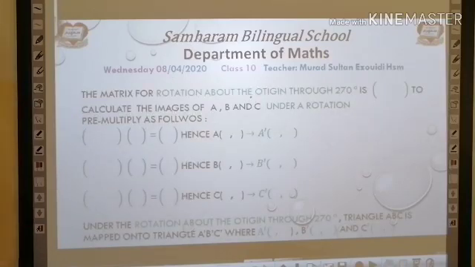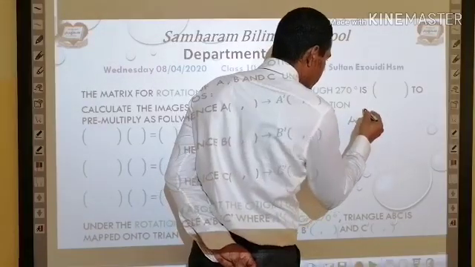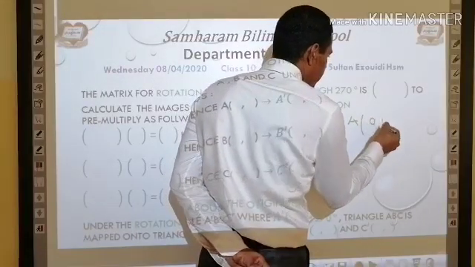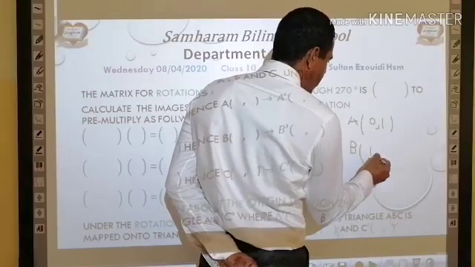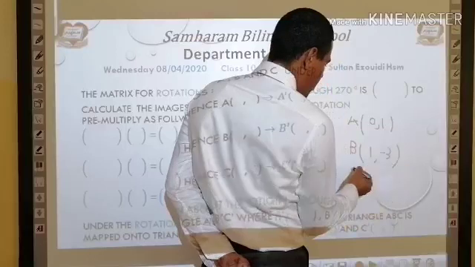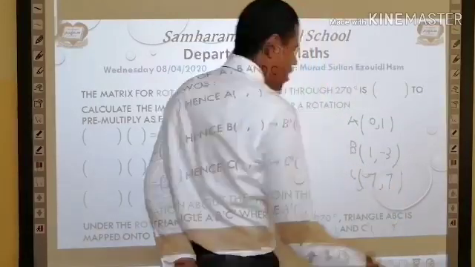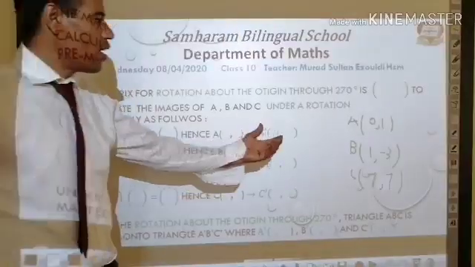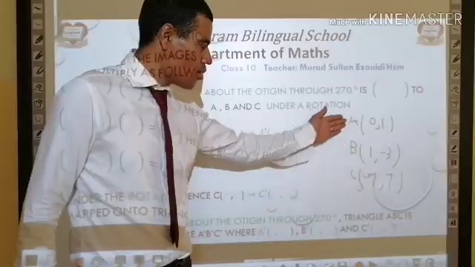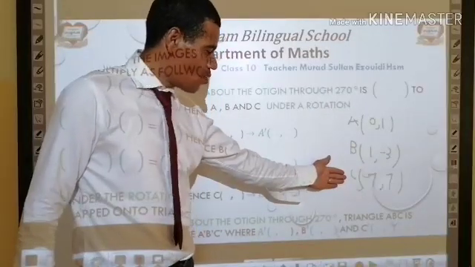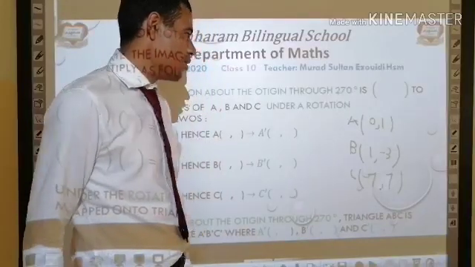Now I will give you an exercise. A of coordinates 0, 1. B of coordinates 1, negative 3. C of coordinates 7, 7. Okay? I will try to find the coordinates of the images of these points under the rotation about the origin counterclockwise through an angle of 270 degrees.